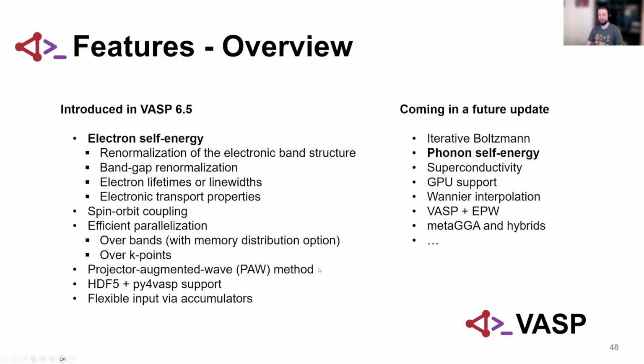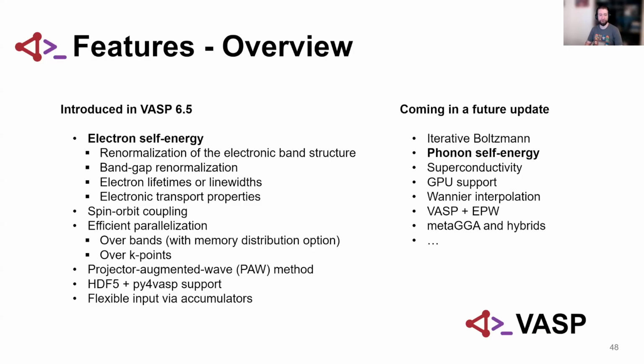It does support the aforementioned projector augmented wave method. We also support HDF5 output. So all of the information I showed you before that's written to plain text is also written to binary parsable, machine-readable HDF5.